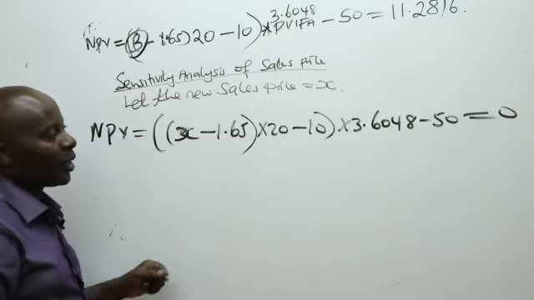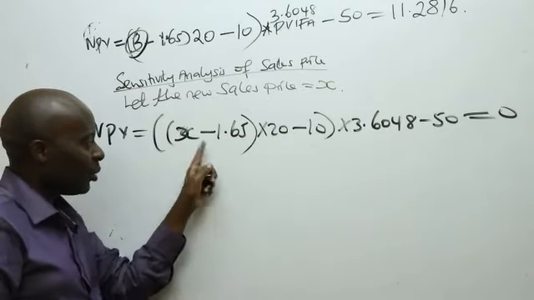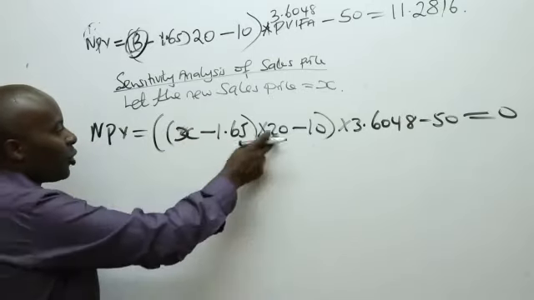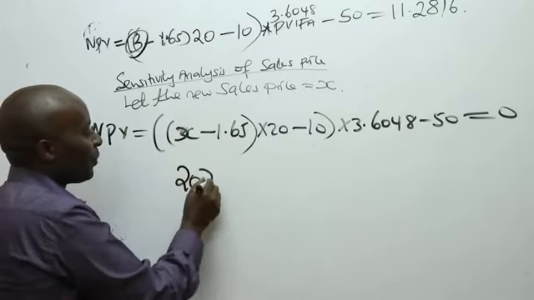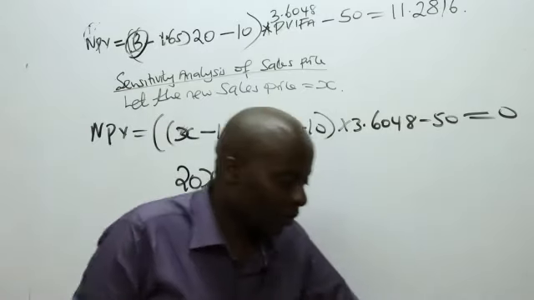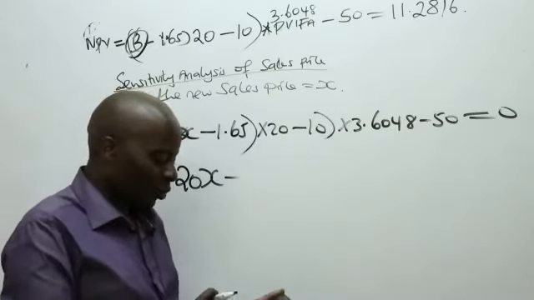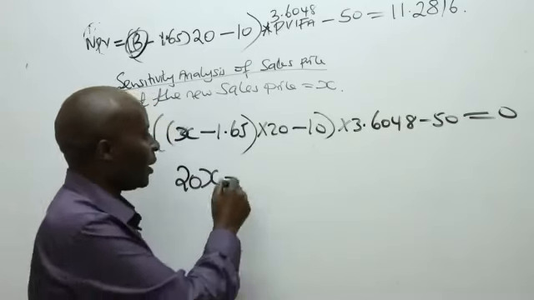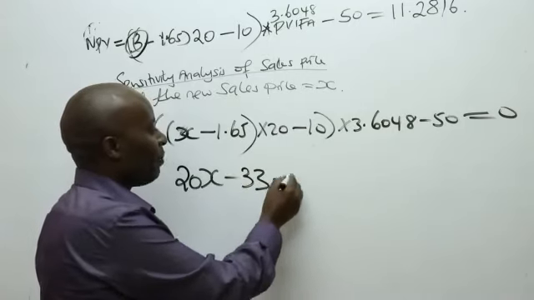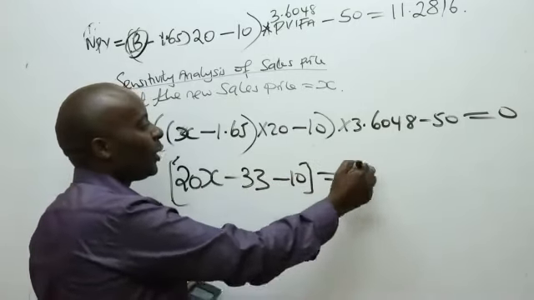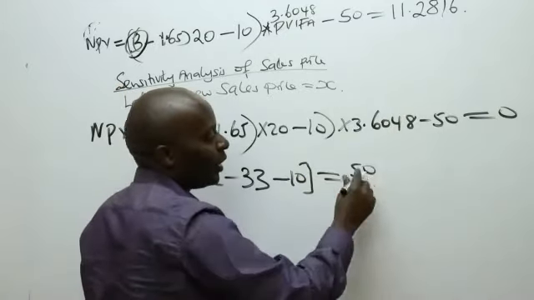So open brackets, because the bottom has brackets that you can't subtract. So here we have 20x minus 1.65 times 20, which gives us 33. So minus 33 minus 10 will be equal to 50 on the other side, because this has to cross over, divided by this.